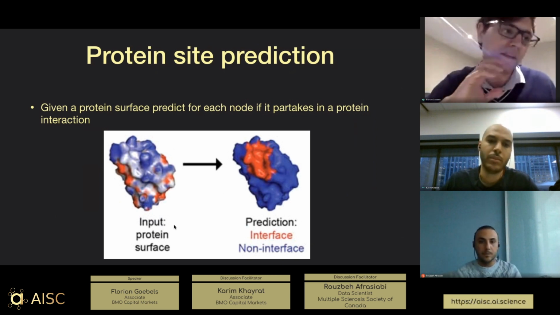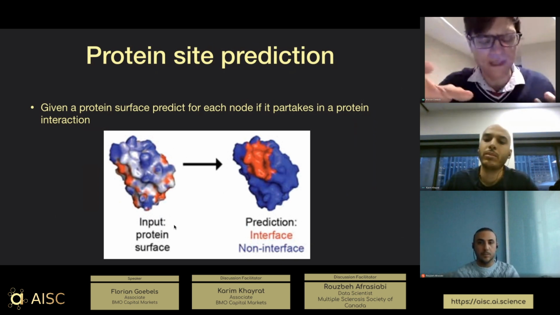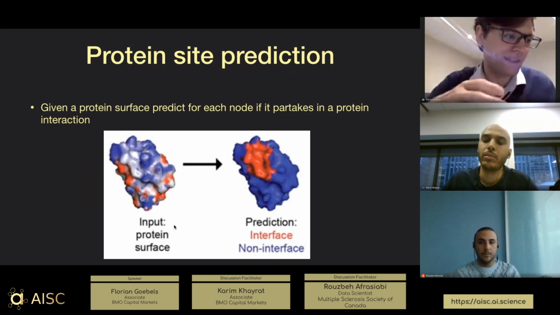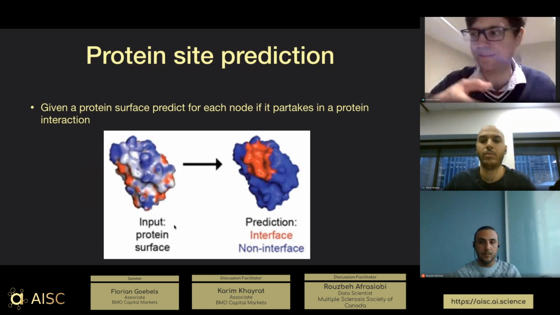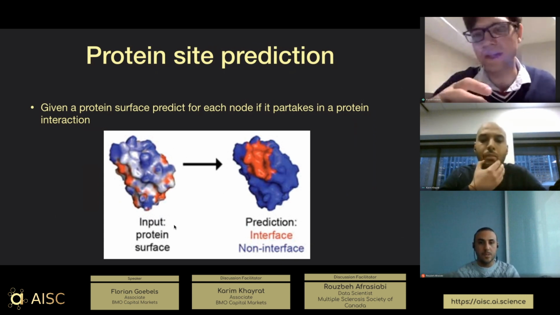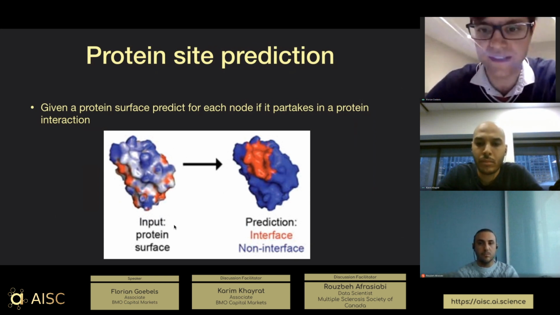I don't think I showed these results, but some protein complexes interact in very strong, stable, permanent interactions. So these interactions are a bit easier to predict, and some of these protein complexes are very, very short-lived, transient interactions. So they're a little bit harder to classify.